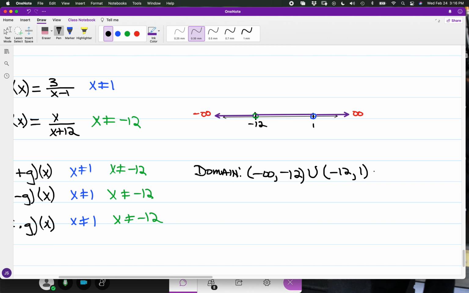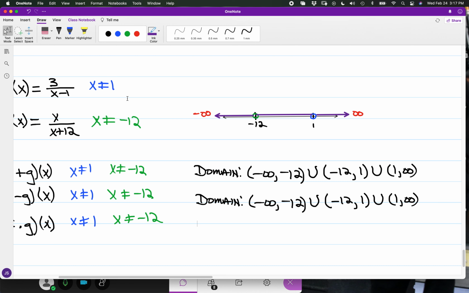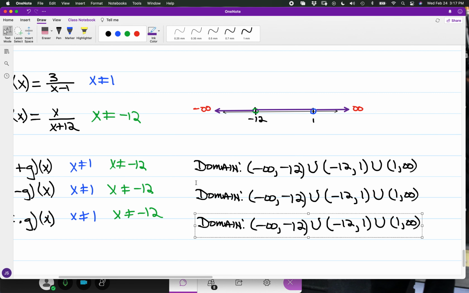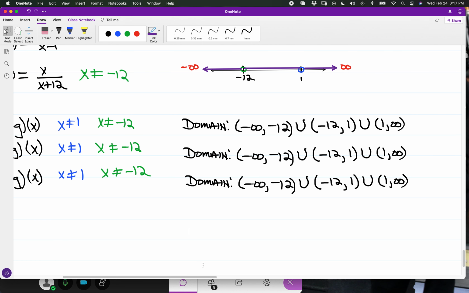And then we have those values that will be greater than 1. So again, the sum, the difference, and the product functions will all have the same domain.